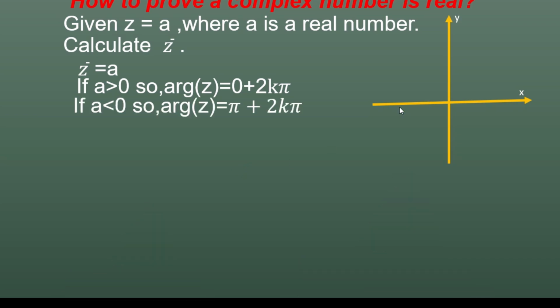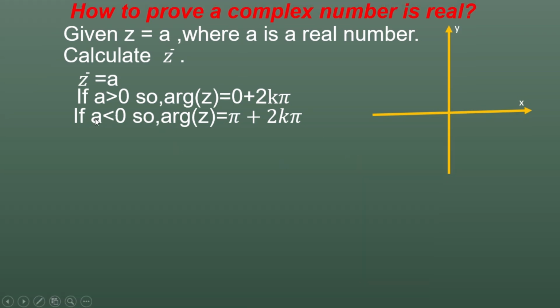If a is negative, then the image of the complex number is here on the negative x. In this case, the argument of z equals pi plus 2k pi.